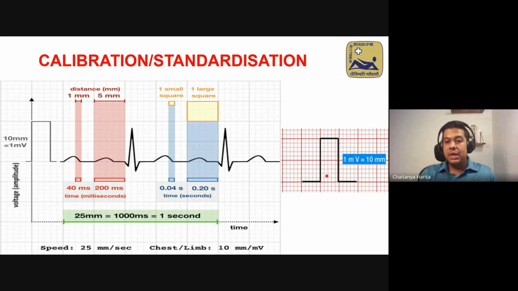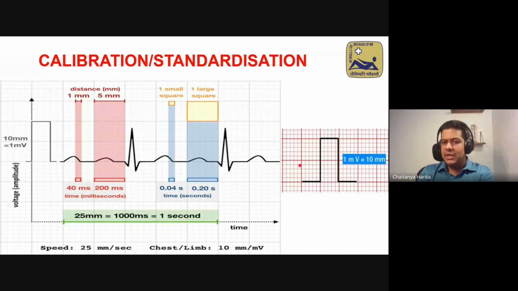Now, how do you look at this box? An ECG paper is divided into multiple boxes. There are two sizes. You have small squares, and multiple small squares together form one large square. Because the speed is 25 mm per second, each small square, which is 1 millimeter in width and height, is 0.04 seconds.